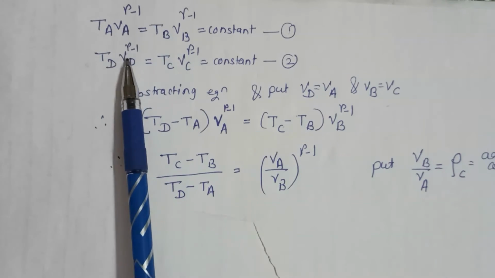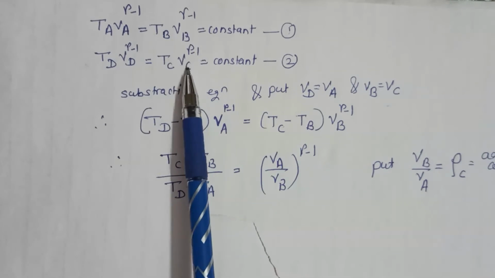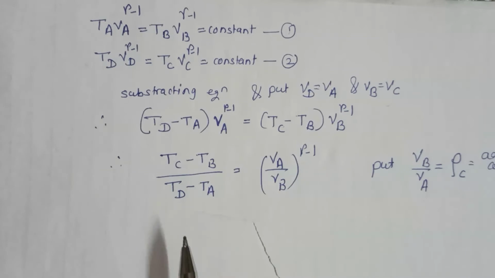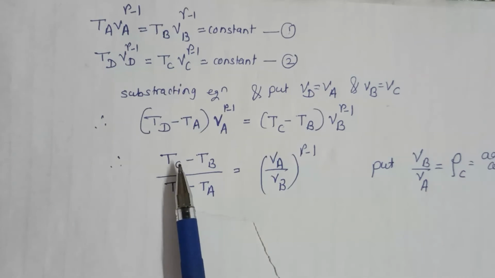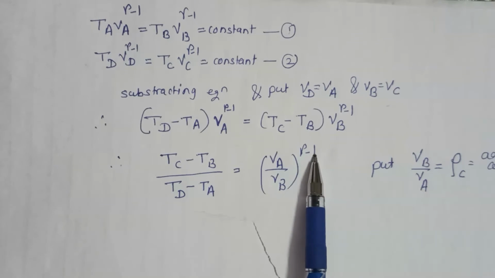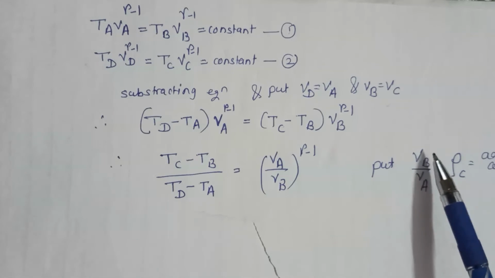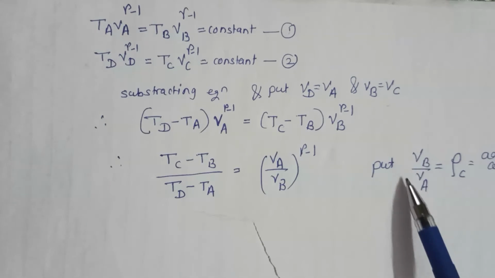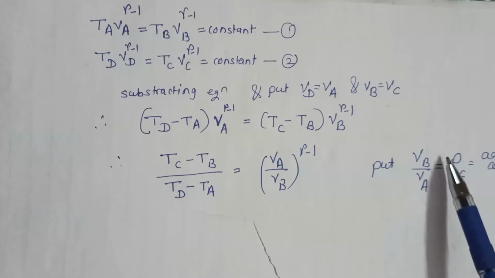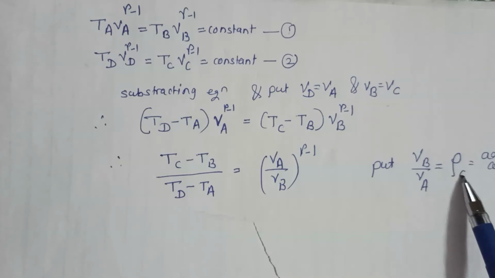Then on simplification we get (TC minus TB) divided by (TD minus TA) is equal to (VA upon VB) raised to gamma minus 1. This ratio, that is VB upon VA, is known as adiabatic compression ratio and denoted as rho C, adiabatic compression ratio.